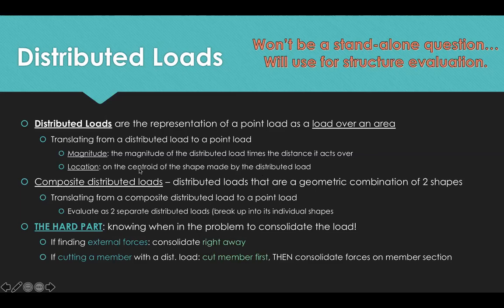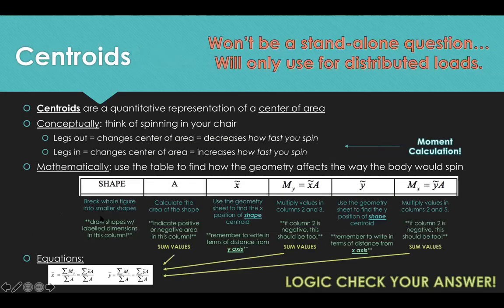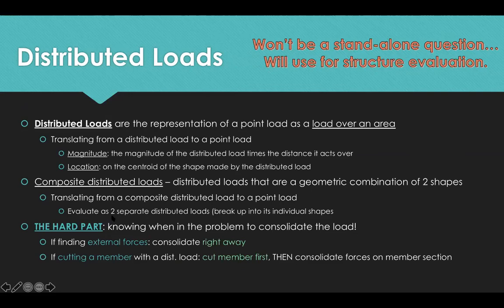So kind of talking about what we were going into here with breaking up the shape into different shapes, there's something called a composite distributed load, which is basically a combination of two geometrically common shapes. You've seen that a lot with a triangular distributed load sitting on top of a rectangular distributed load.